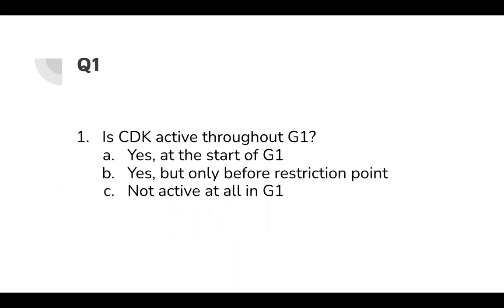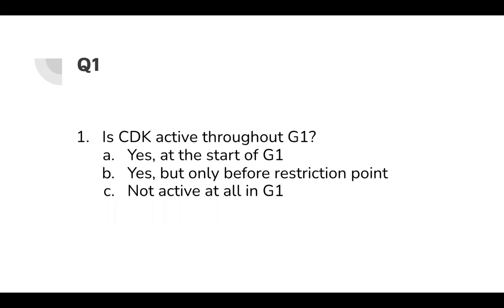B. Okay, why? Because if it was active all throughout G1, then it would be doing things too early, like activating E2F too early, causing creation of the pre-RC too early. So it's only going to be active before the restriction point, and you want those things to happen.